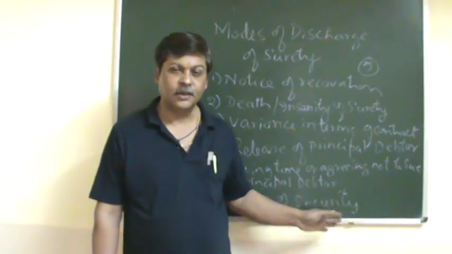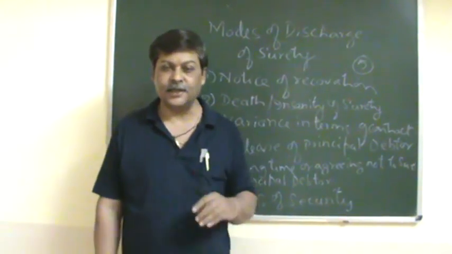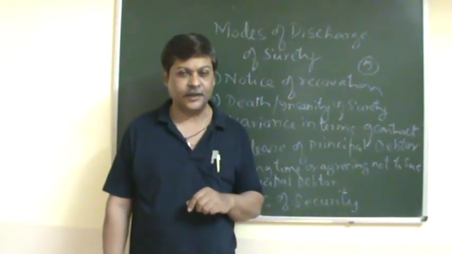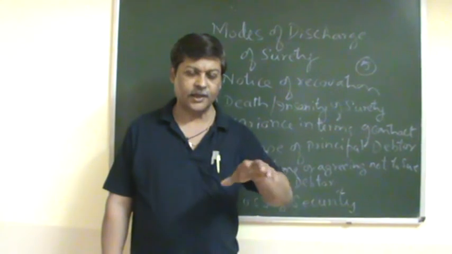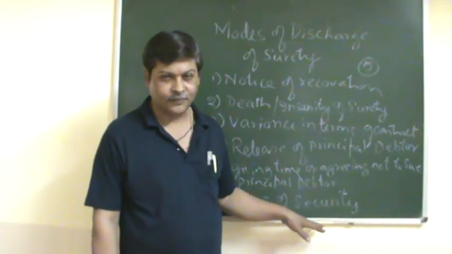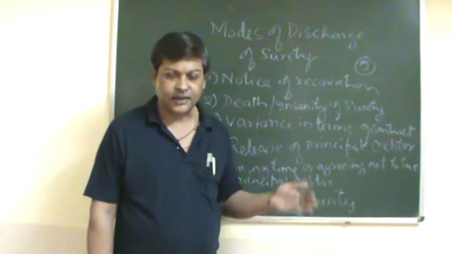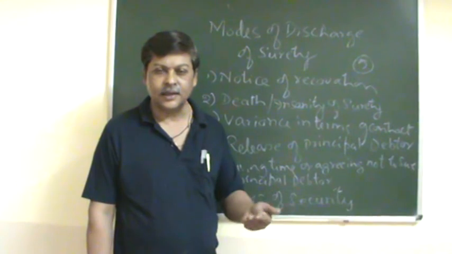These are the six important modes by which the surety gets discharged from his liability. This is actually a small topic, you just have to give one example for this. By giving one example, you can say that this is the mode.